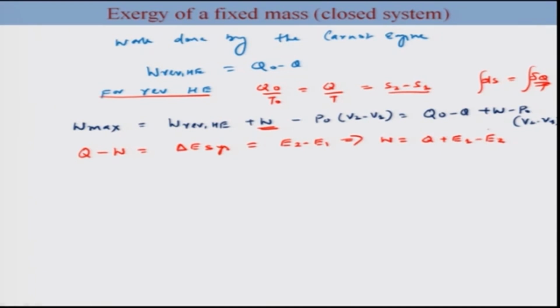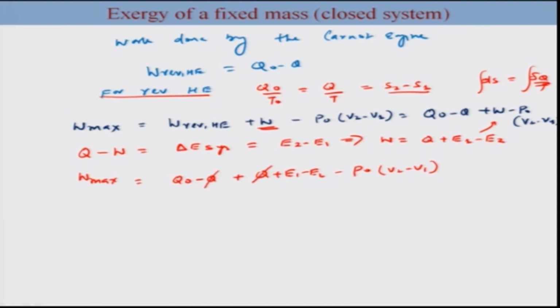We can express this here and write your W max in the following way: Q0 minus Q plus Q plus E1 minus E2 minus P0 times (V2 minus V1). Now, this expression which we have written for the reversible heat engine can be made use of.